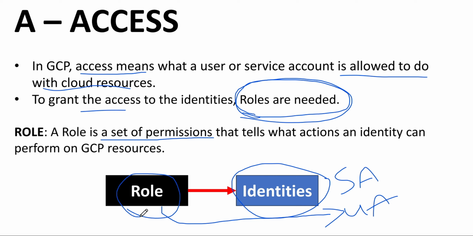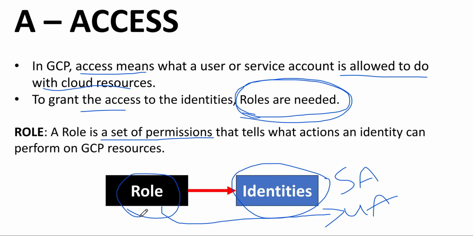If you assign that role to this particular identity, then only does he have the access to utilize all the BigQuery related things. If you don't assign any role to him, what type of work will he do? You're getting my point? So we need to assign the role to him.